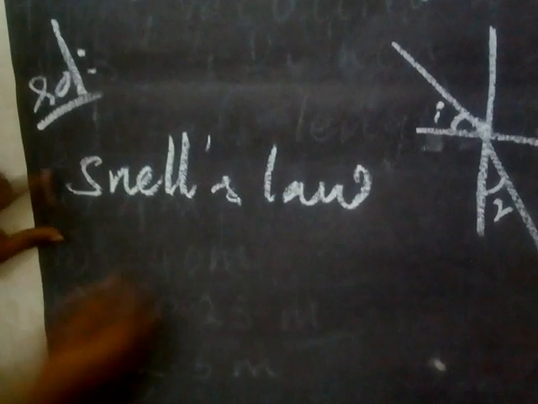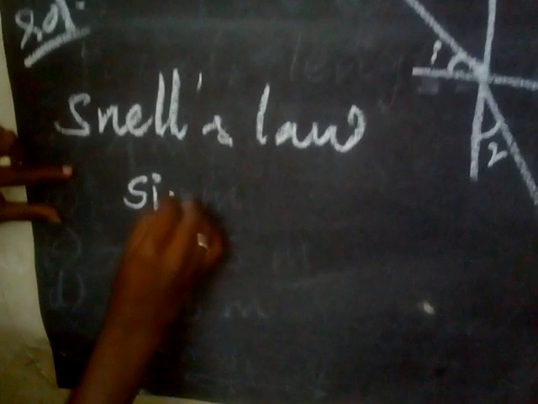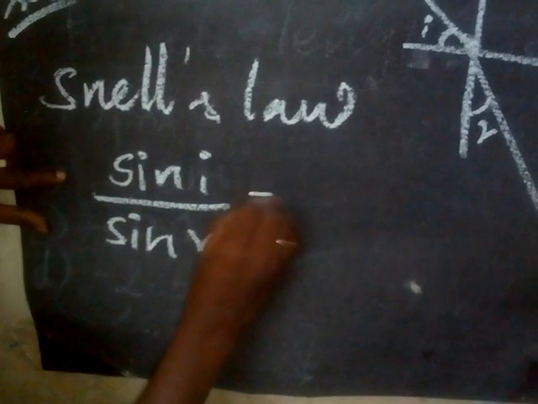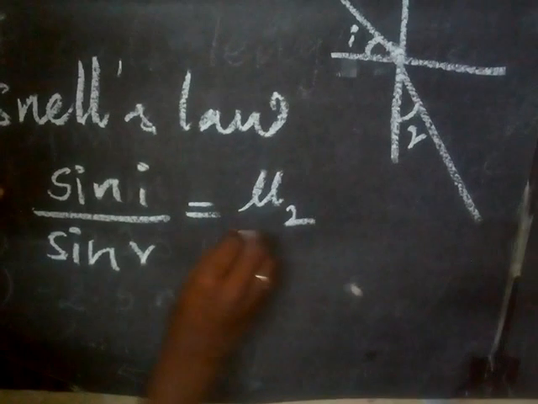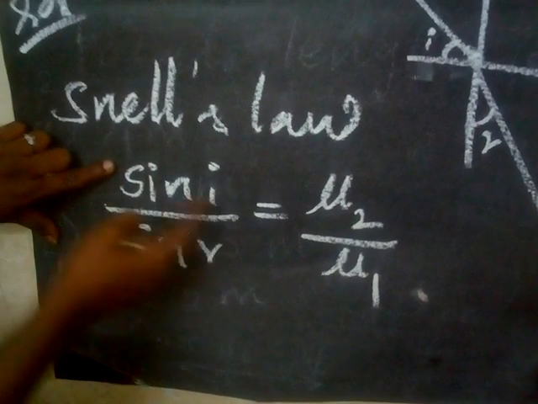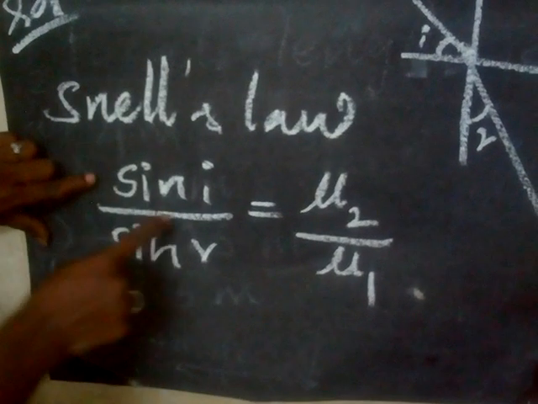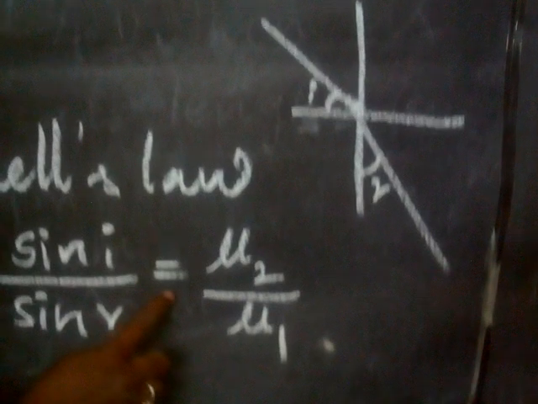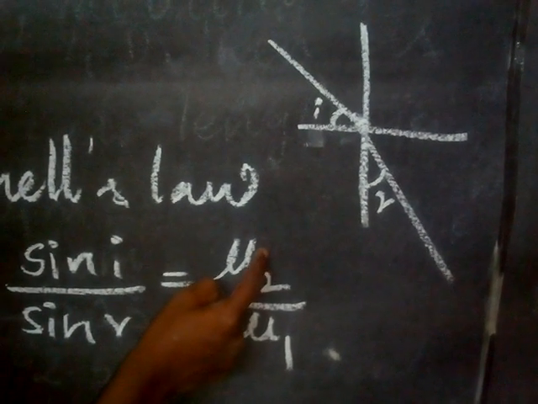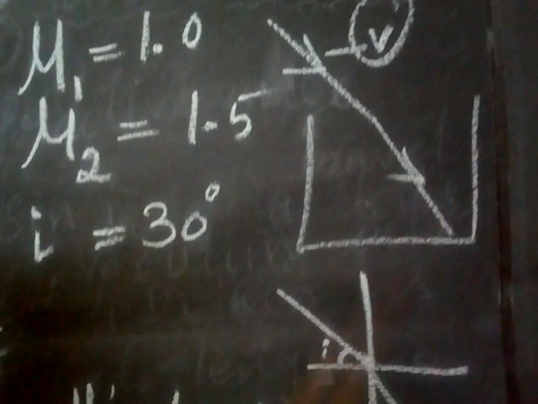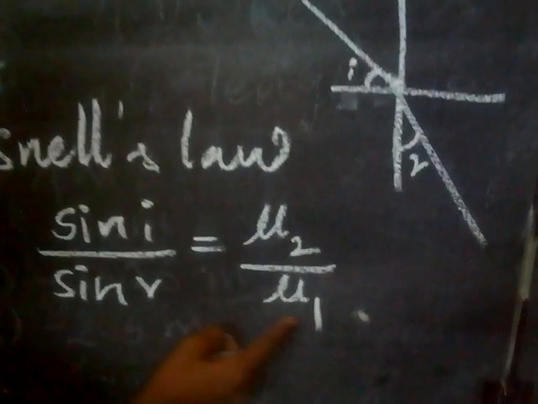What is Snell's law? Sine I divided by sine R equal to mu2 divided by mu1. Sine of angle of incidence divided by sine of angle of refraction is equal to mu2, the refractive index of glass medium, divided by mu1, the refractive index of vacuum.